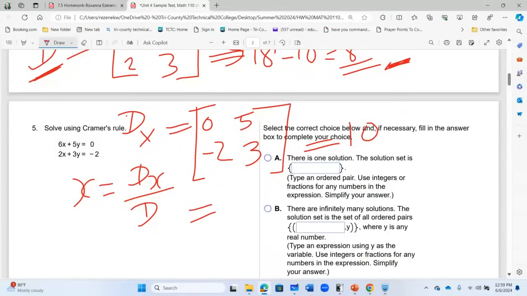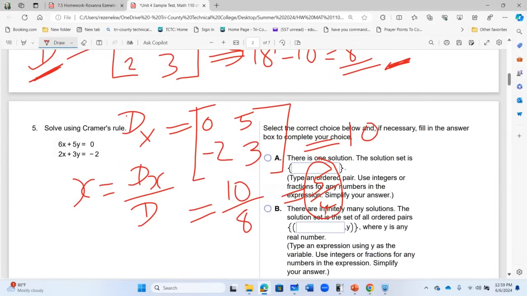And then what is my Dx? My Dx is 10, the determinant of x. And what is my value of D? My value of D is 8. So Dx divided by D is 5 over 4. Or you can write your answer as 1.25 or 1 1/4.